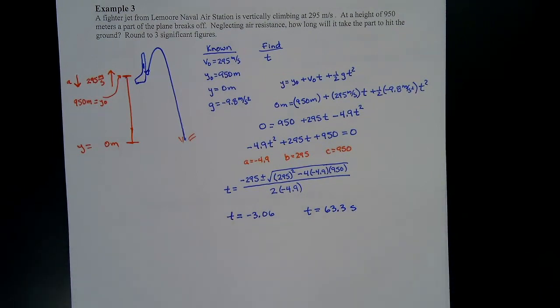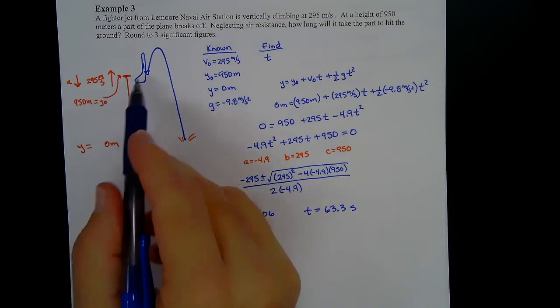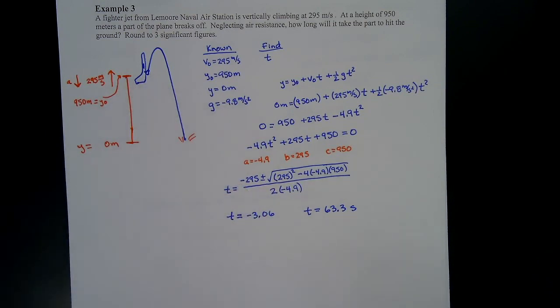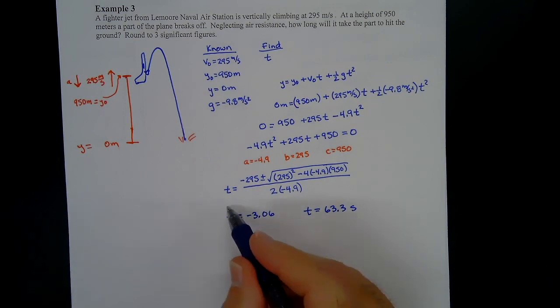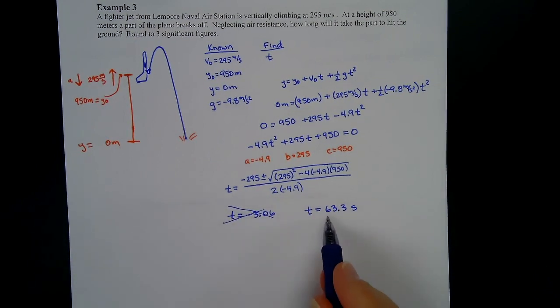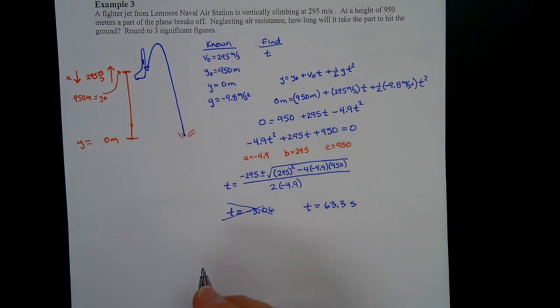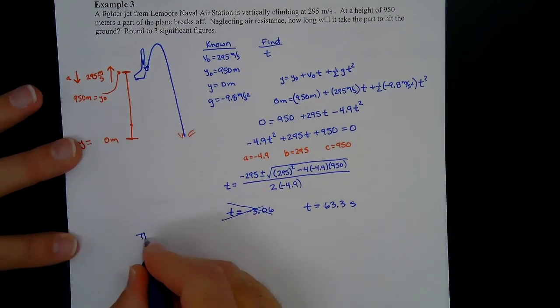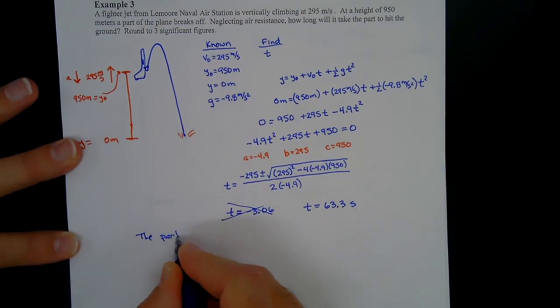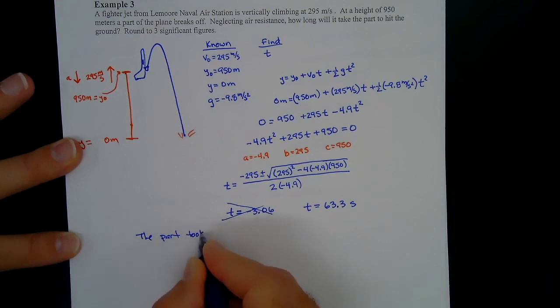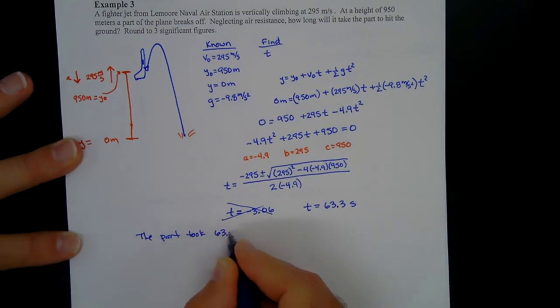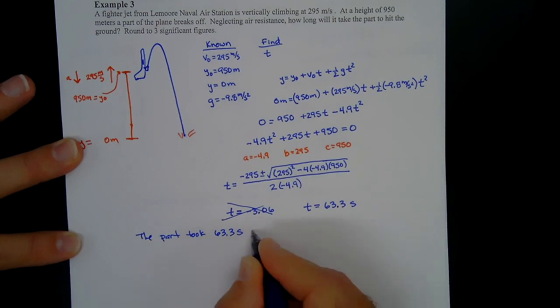All right. So which one is it? Well, we started time when the part broke off, so it can't be negative. So this isn't the solution. It's only going to be the positive one, okay? So the part took 63.3 seconds to hit the ground.